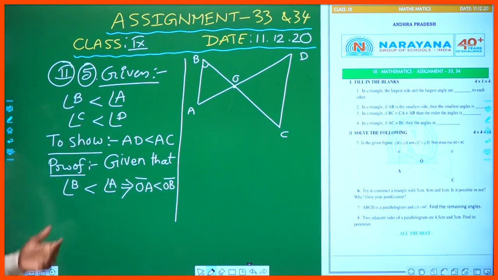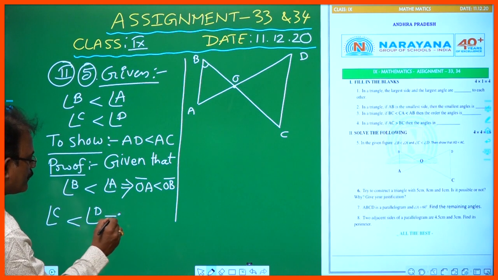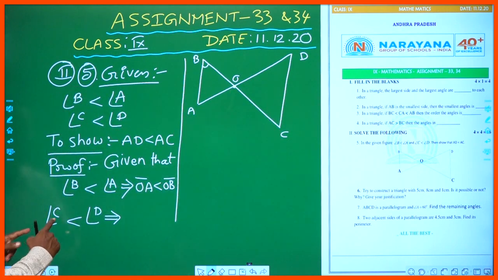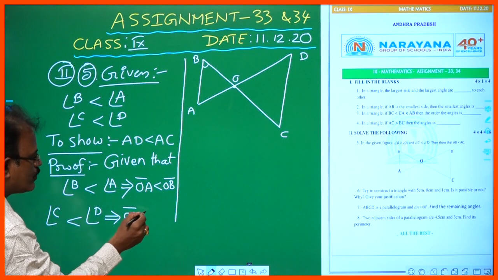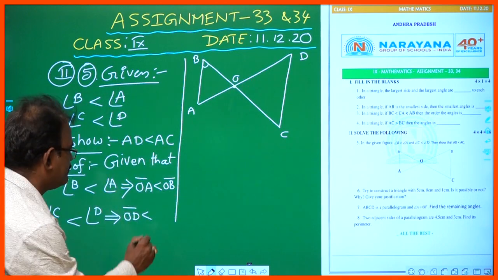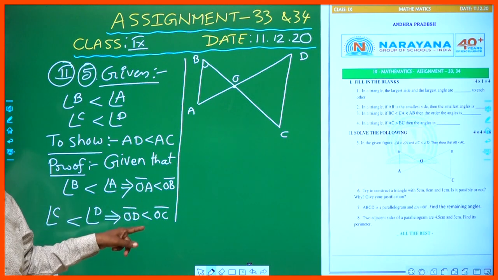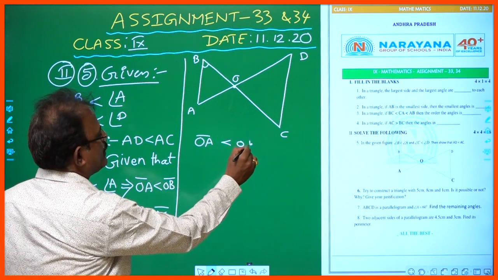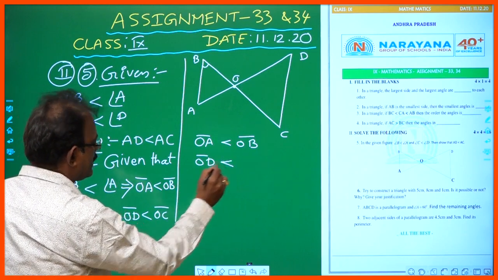Similarly, angle C less than angle D. Then in the right side triangle OCD, the side opposite to angle C, OD, is less than the side opposite to angle D, OC. Okay children? So let us write one under one. OA less than OB and OD less than OC.